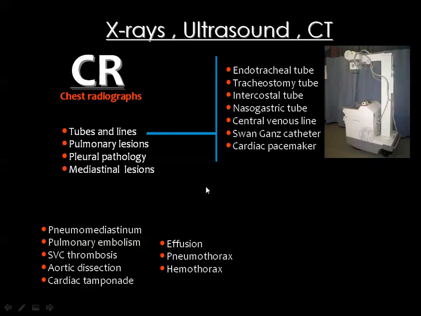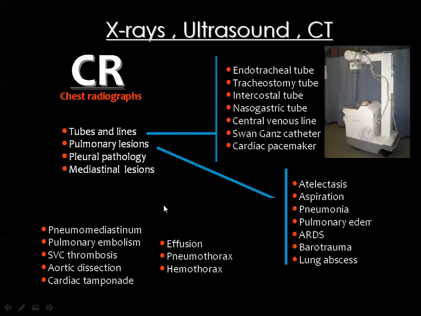Then in the second part, we'll discuss the possible pulmonary parenchymal lesions, including atelectasis, aspiration, pneumonia, pulmonary edema, acute respiratory distress syndrome, barotrauma, and lung abscess. Then we'll have some talks about the pleural pathology, including effusion, pneumothorax, and hemothorax.